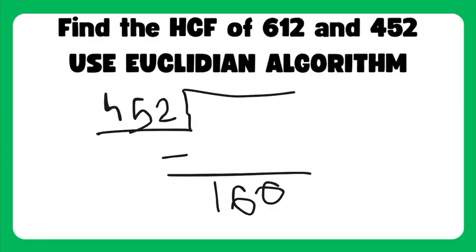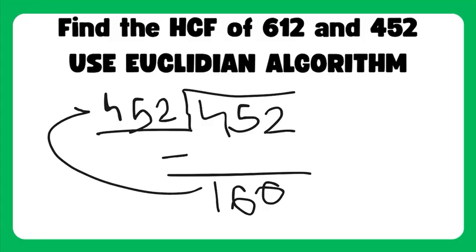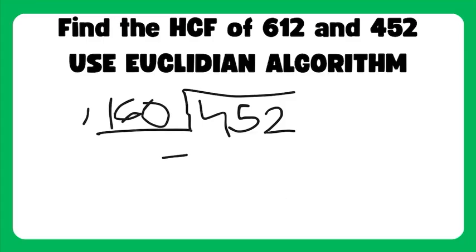So now this 452, we move it over here. Sorry, not 456, 452. And this 160, we move it over here. So I will put the 160 over here, and now we can remove everything else, and we have a new question. Now we will repeat.